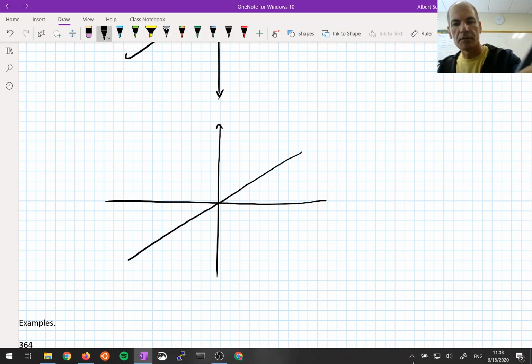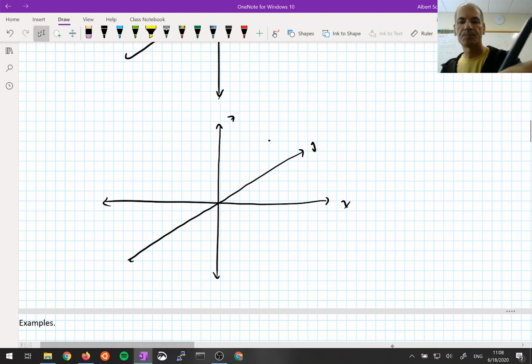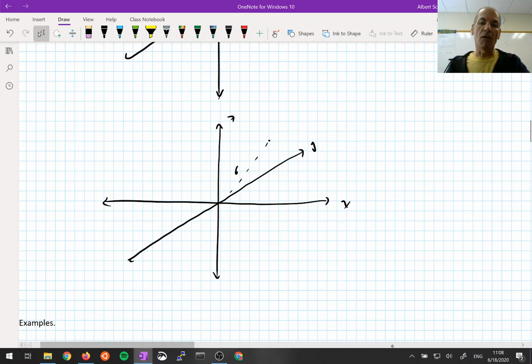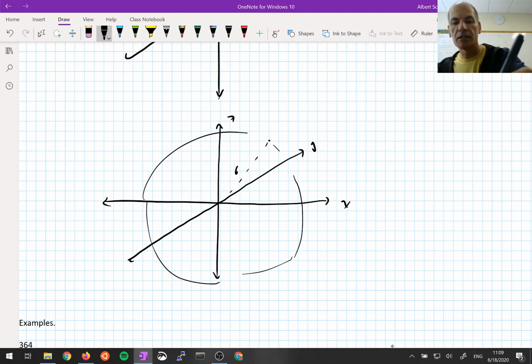Phi can be anything, theta can be anything. If we look at all of the points, then this is literally the definition of the sphere. It's the collection of points that are 6 units away from the origin. So that's a sphere of radius 6 centered at the origin.